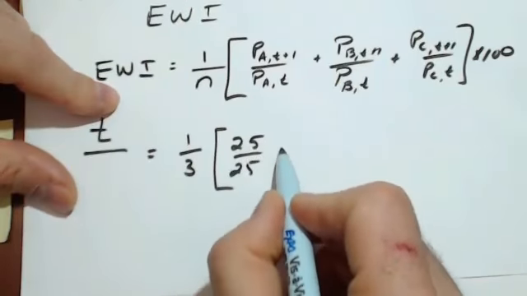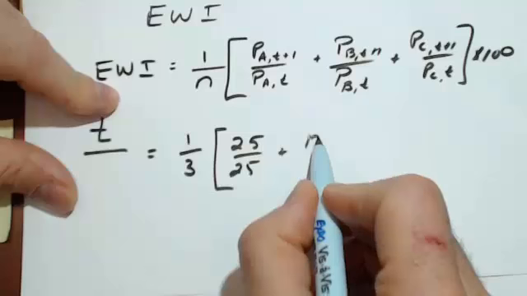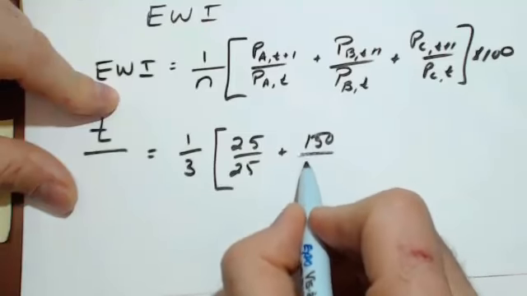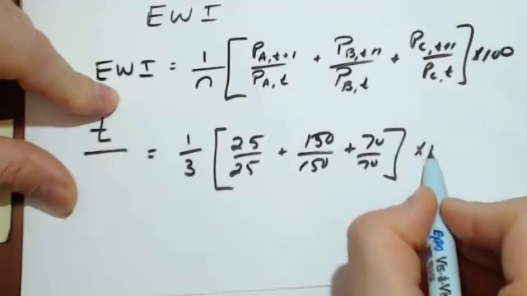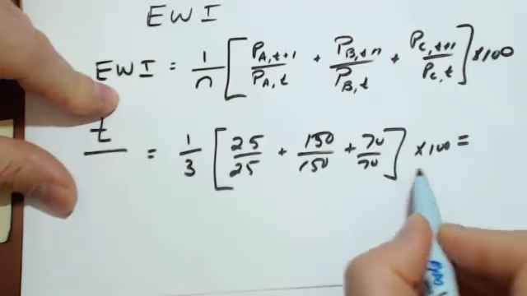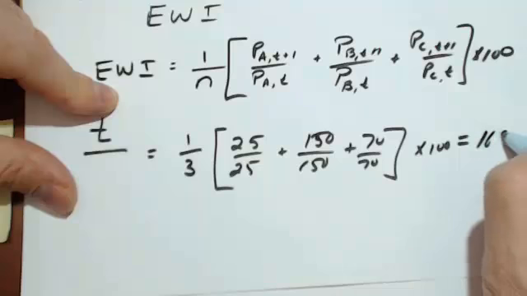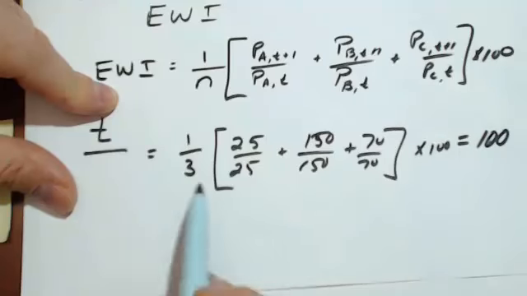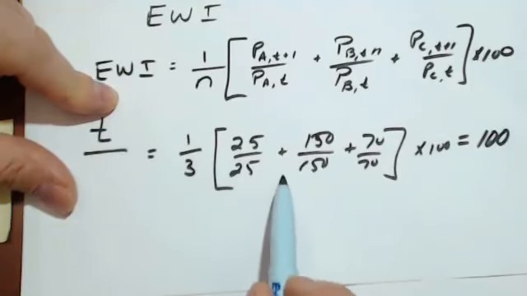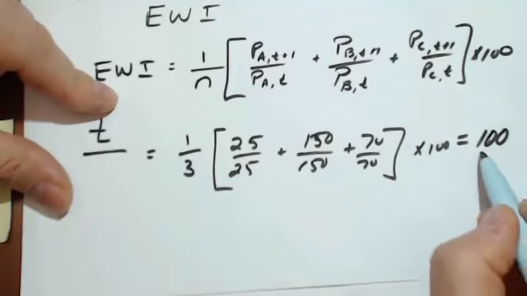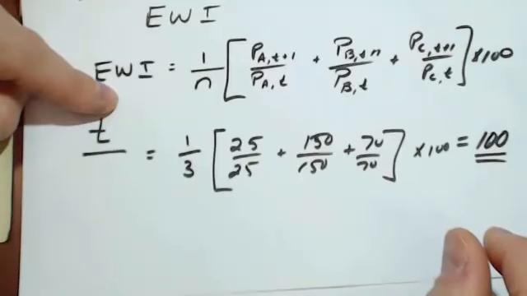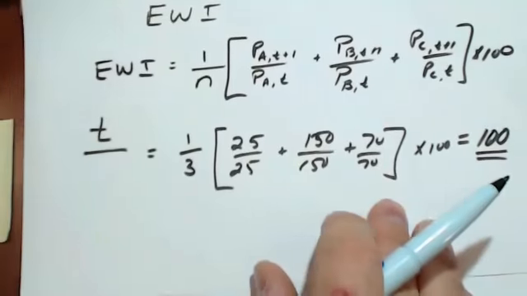So it's 25 over 25 plus 150 over 150 plus 70 over 70 times 100. That whole thing equals 100, because the whole thing in the big bracket is 3 divided by 3, which is 1, times 100. The index starts out at the nice round number of 100.